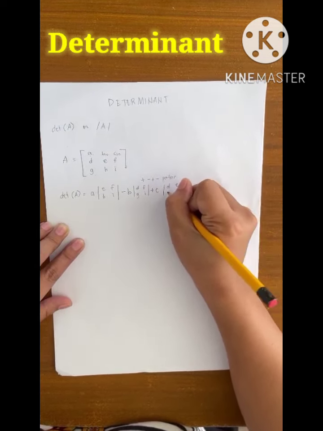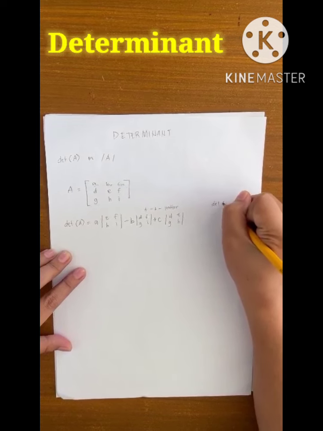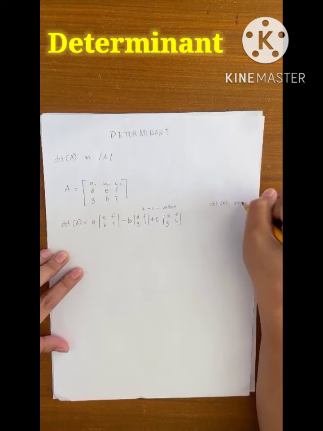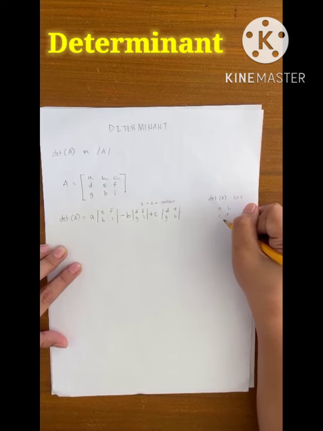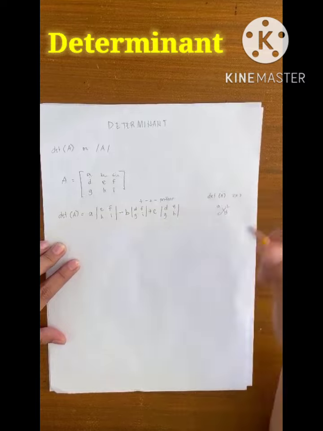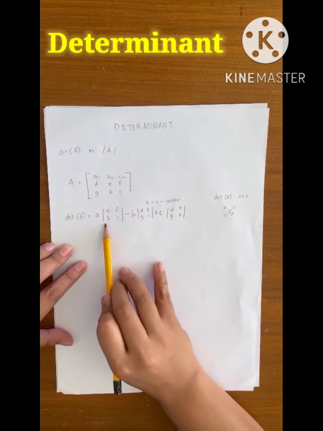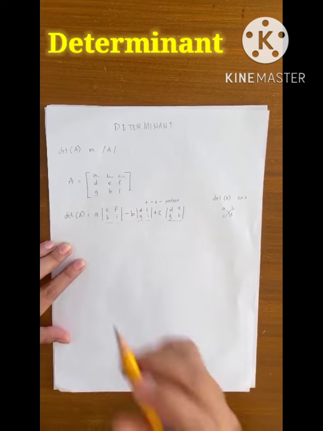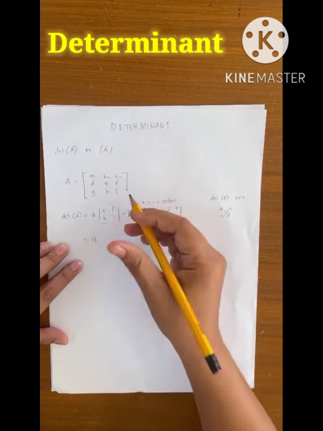We know that the determinant of a 2x2 matrix, like A, B, C, and D, is AD minus the multiplication of B and C. So in here, this is already a 2x2. This is also a 2x2, and this one. So we will simplify it.